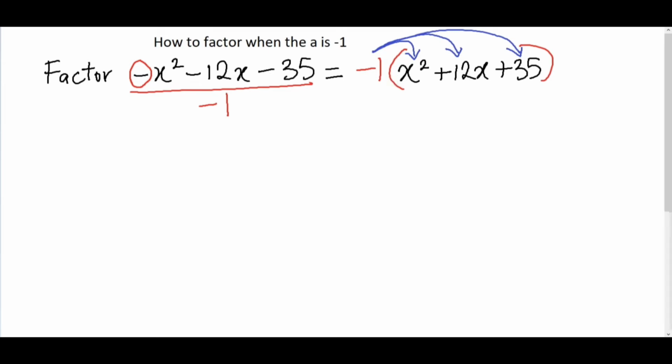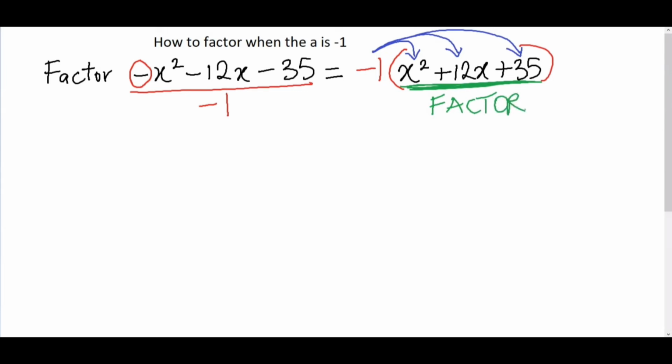After you do this step, you can then go ahead and just factor, because now we don't have that negative attached to the x squared anymore.